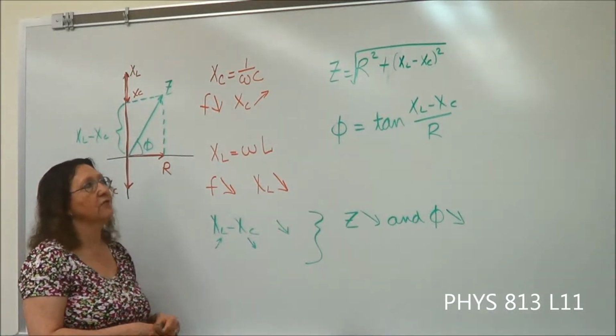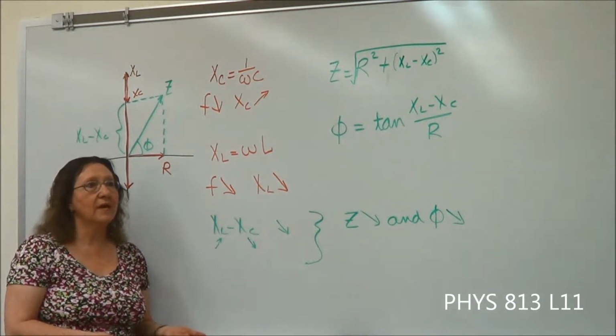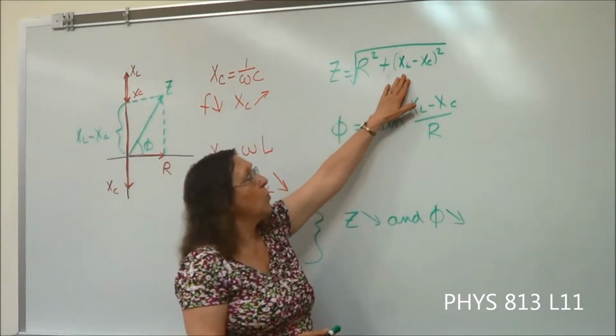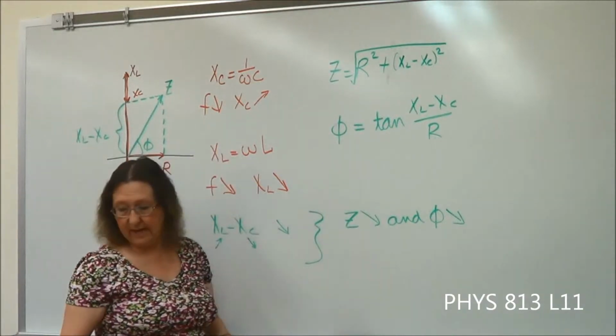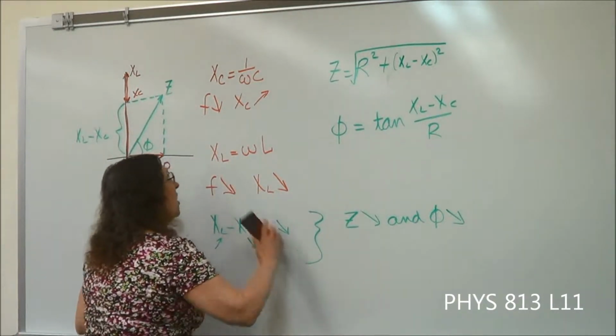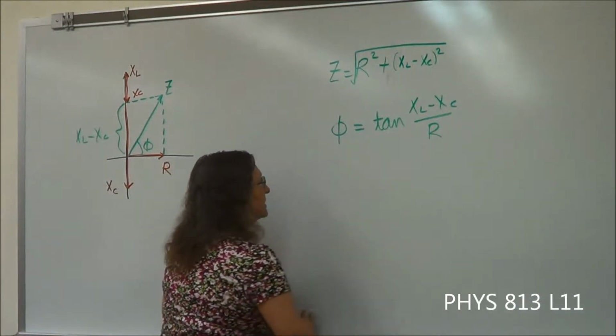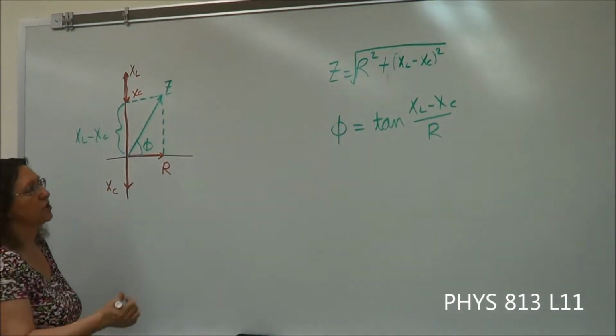So in that case, if we want the maximum current, we have to have the smallest impedance, and that occurs when XL equals XC. So I'm going to erase some of this, and we're going to look at that condition.